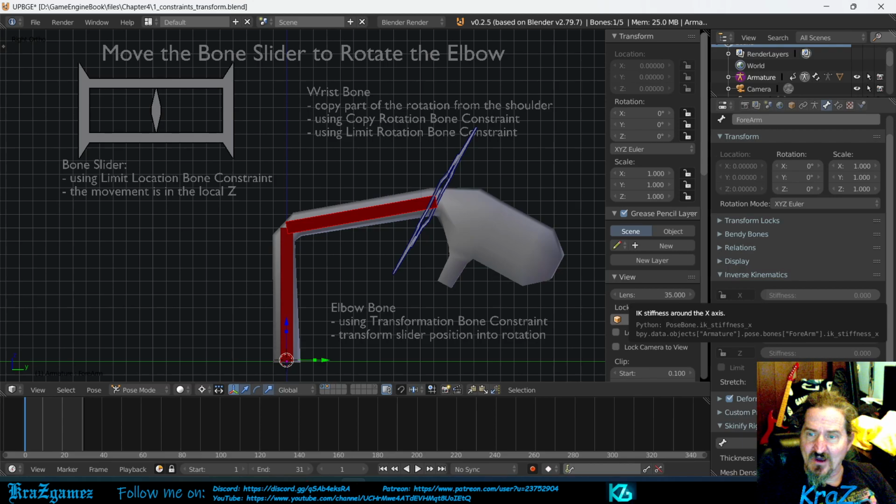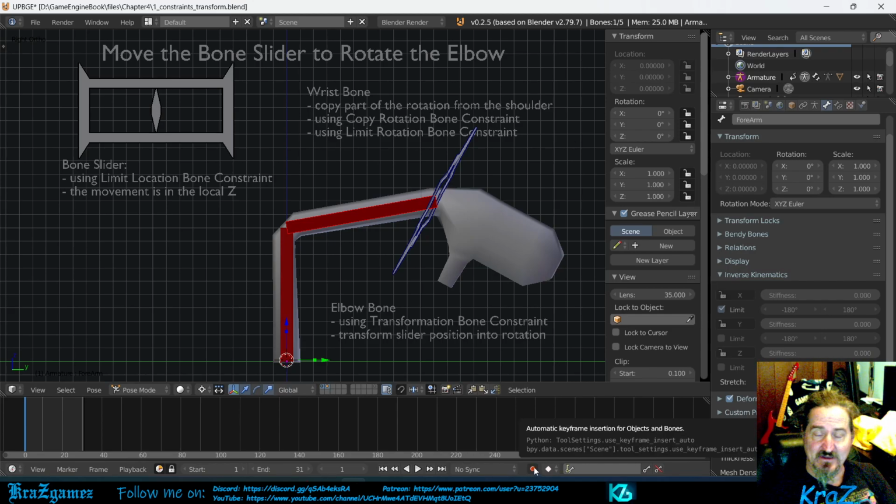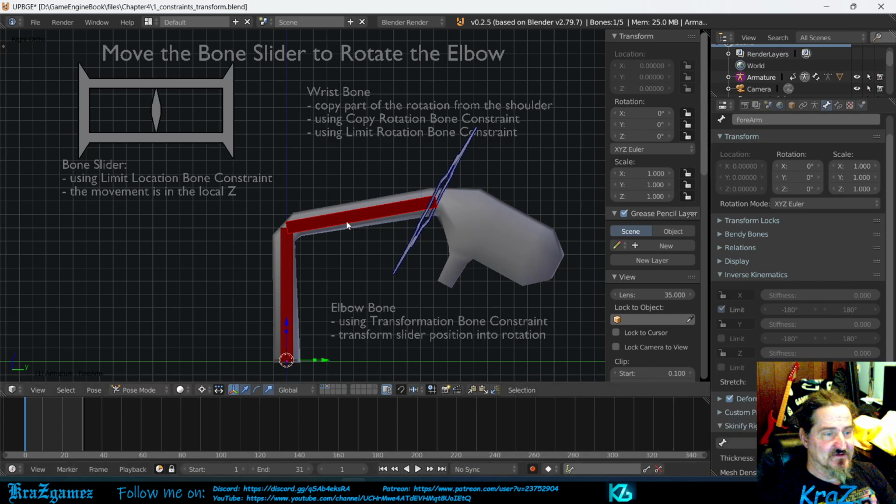You have to keyframe all the individual constrained bones for this to work. This is automatically done when auto key is enabled from the timeline editor. So down here in the timeline editor, if you click this one right here, that is the automatic keyframe. The auto key will automatically key in every time you move something.